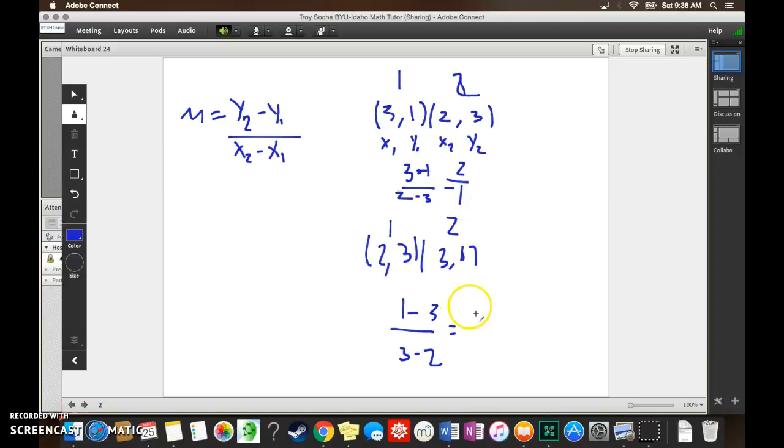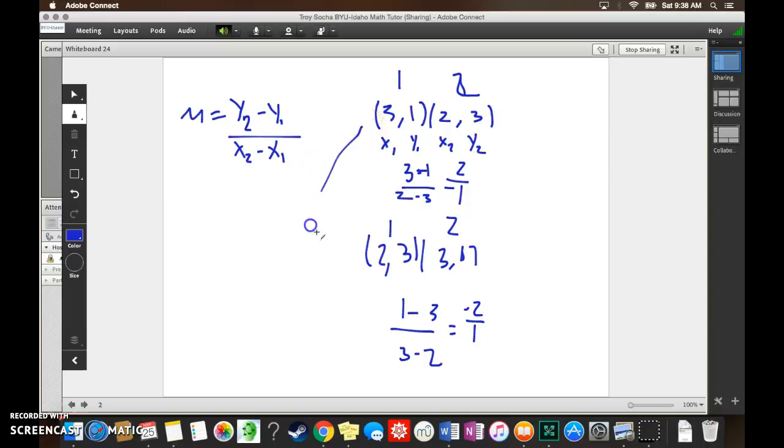And this one equals negative 2 over 1. So you see they're the same, they produce the same. So it doesn't matter what point you use, whether the first one is the second or the second one is the first, so long as you make sure that you have your y1 with your x1 and your x2 with your y2 so that you can keep track of those.